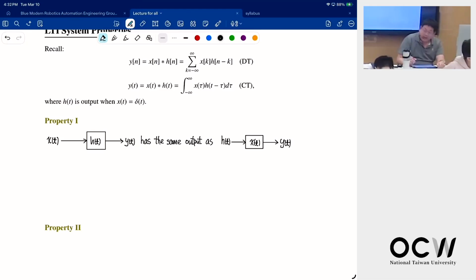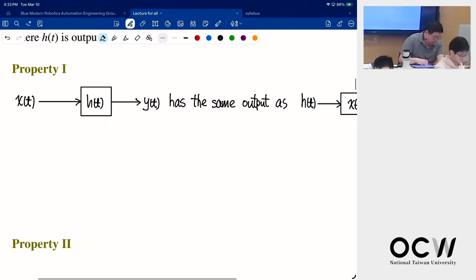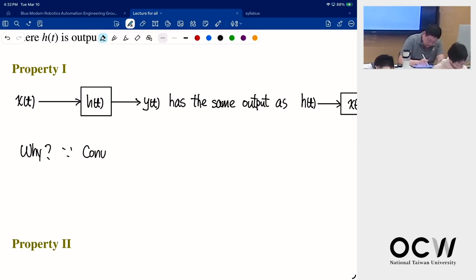Why do they have the same output? I just switch the input and also the system, because the convolution is commutative.